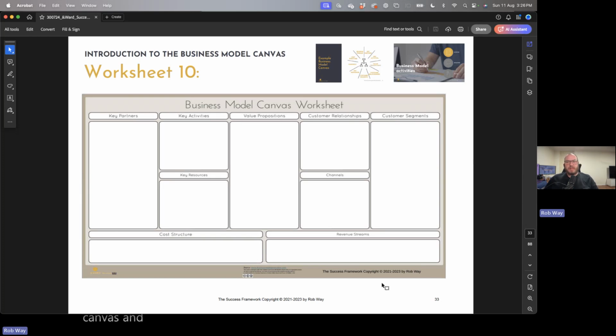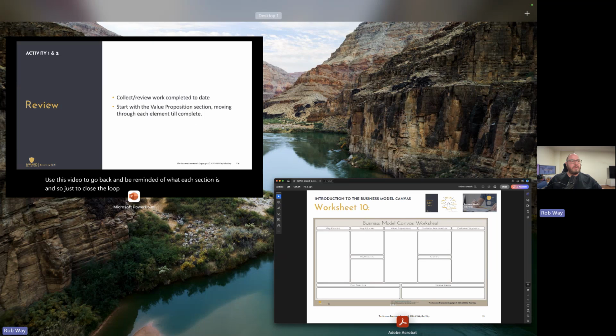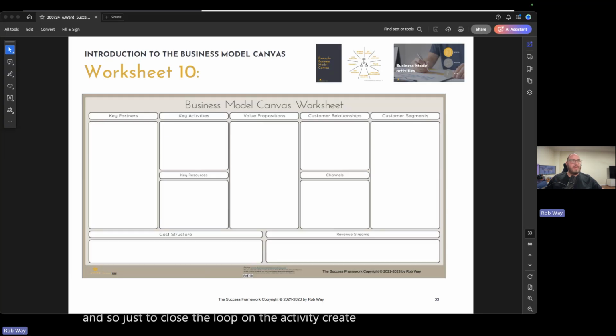So you start with the value proposition, being clear on your direction, where you're going, all that sort of stuff. And then you might go to key activities, key resources, key partners, wherever it is next. Use this video to go back and be reminded of what each section is. And so just to close the loop on the activity, create a space for you to easily go back and be successful.